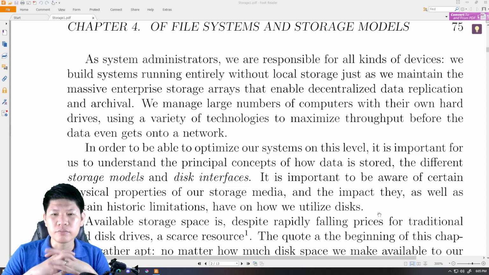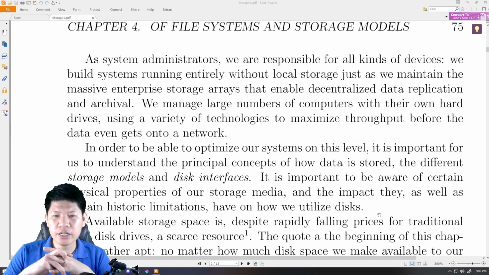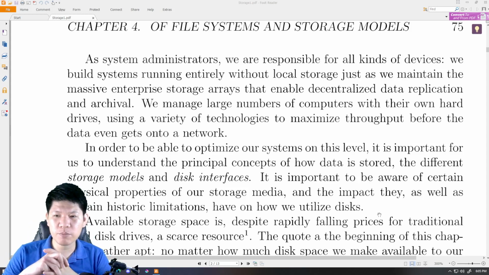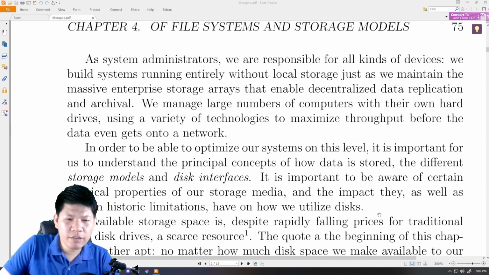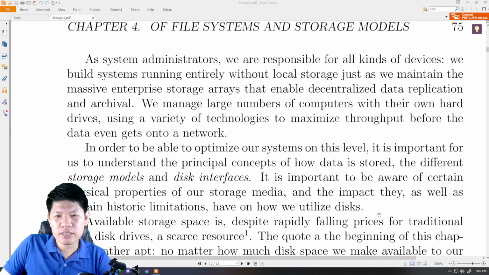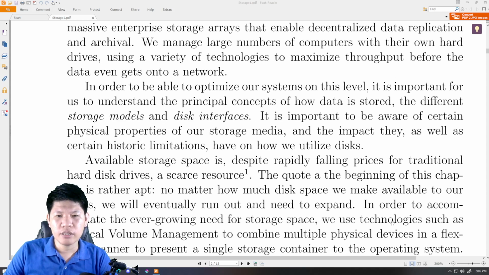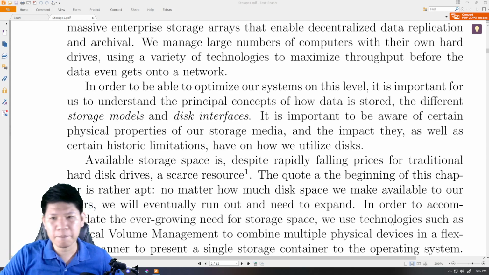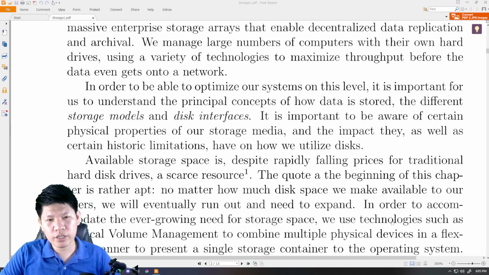So we manage a large number of computers with their own hard drives using a variety of technology to maximize throughput before the data even gets into a network. And to be able to optimize our system on this level, it is important for us to understand the principal concepts on how data is stored, the different storage models and the different disk interfaces.